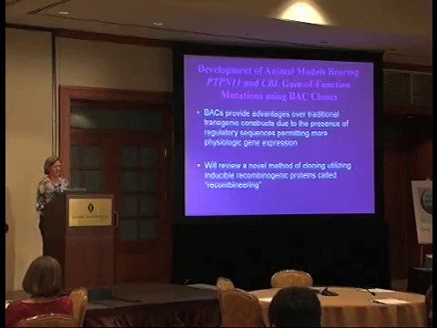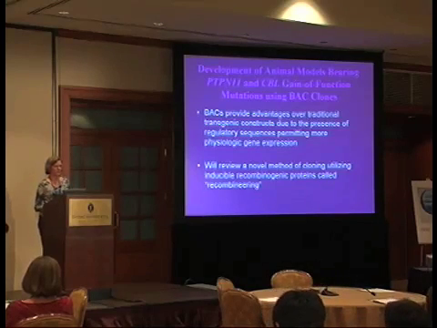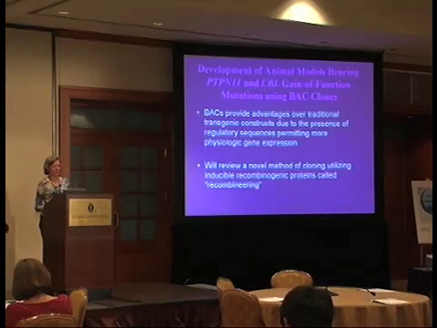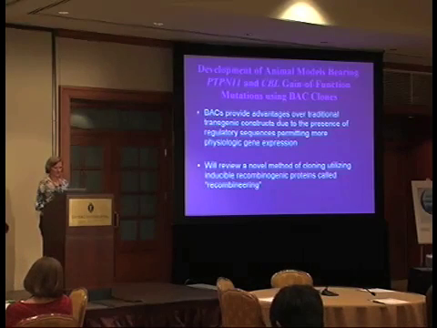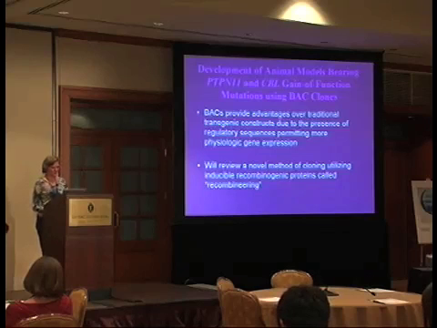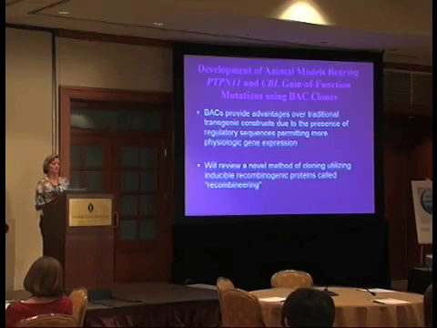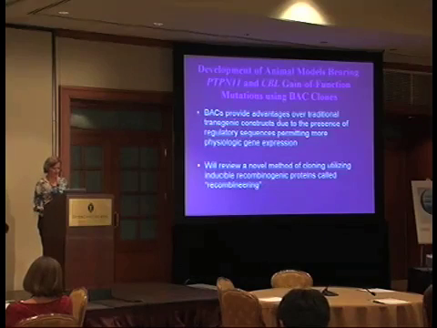These BACs provide advantages over just a traditional transgenic construct because there are many more regulatory sequences that come along with the gene. He's also going to talk about a novel method of cloning, which is called recombineering. So we'll hear about that. That's looking more into the future of potential animal models that can be of use.